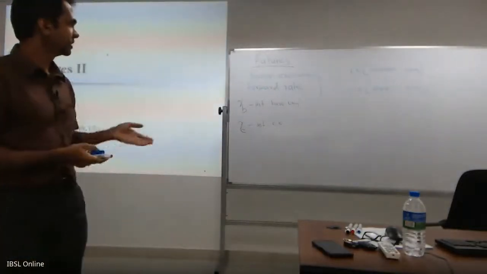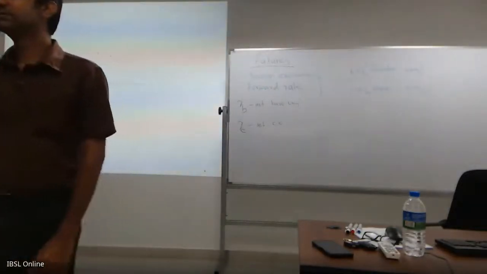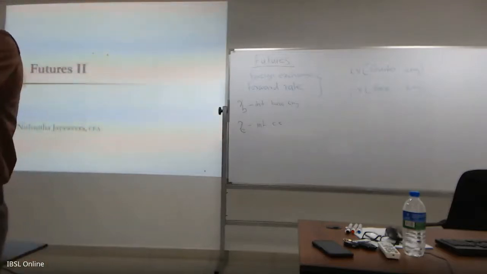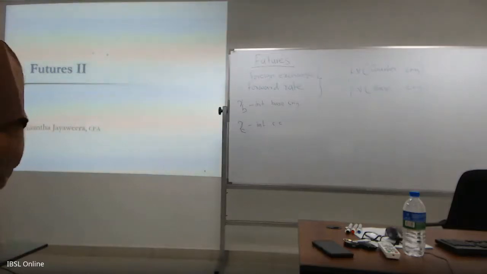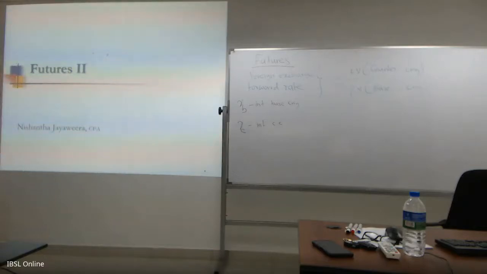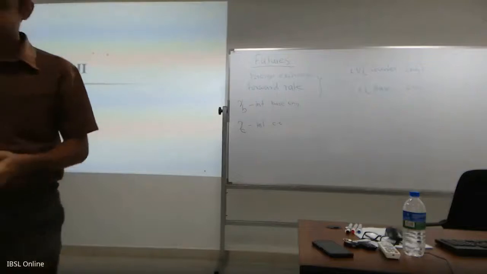Now, how do you calculate the future value of the counter currency? What is the amount in counter currency? To calculate a future value, you need a present value as well. What is the present value? That's the spot rate.